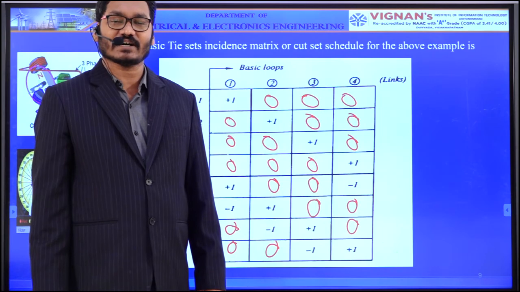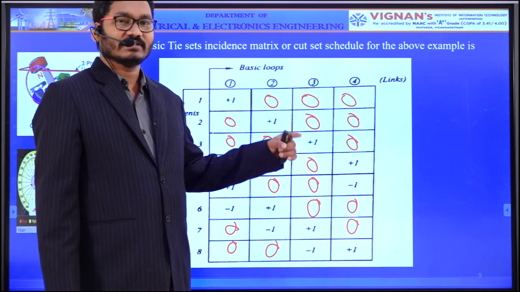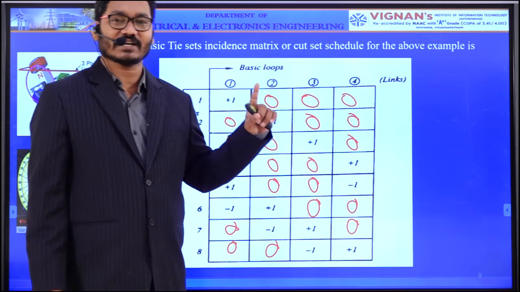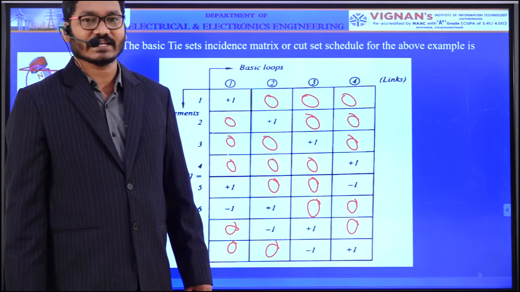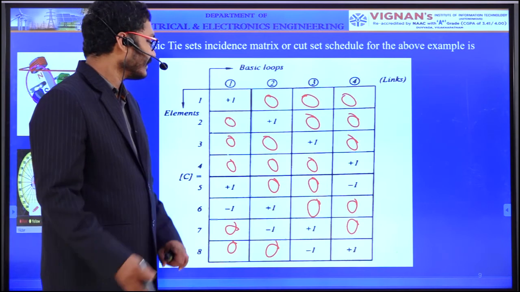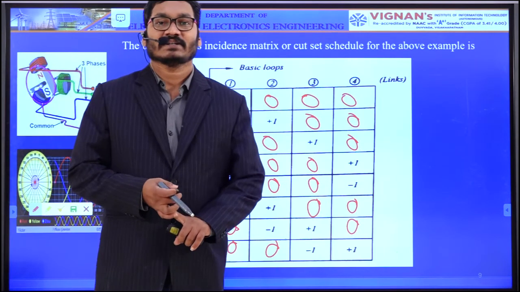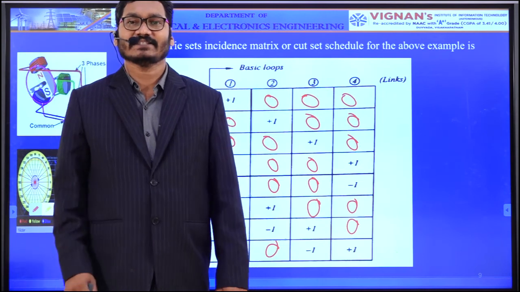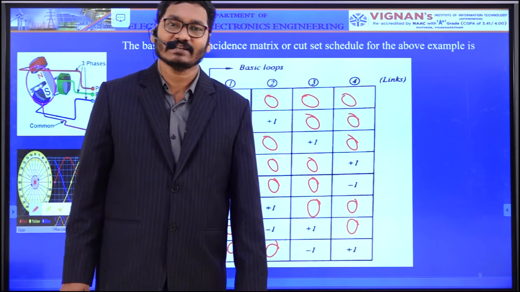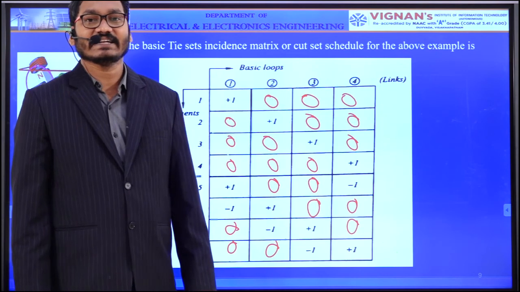If a branch is not associated with the tie set, make it 0. Just remember this: the cut set direction is taken as the tree direction, and the tie set direction is the same as the link direction.